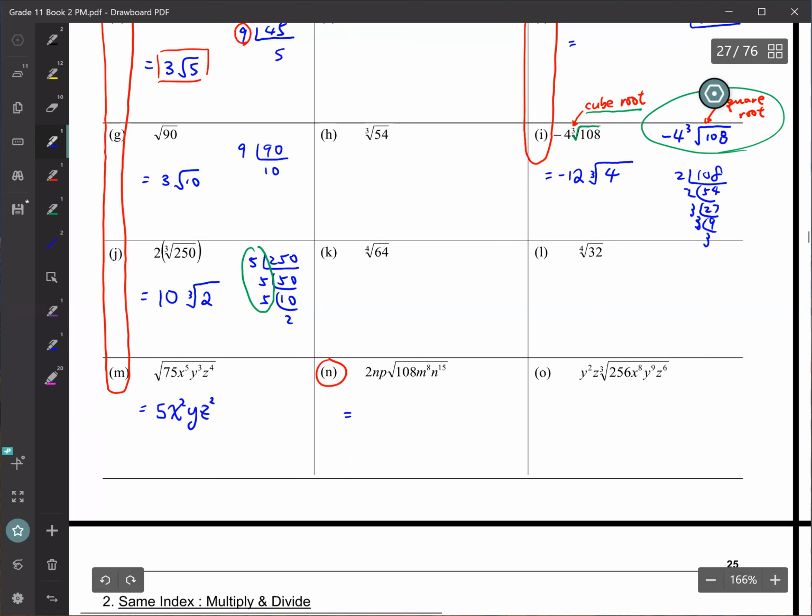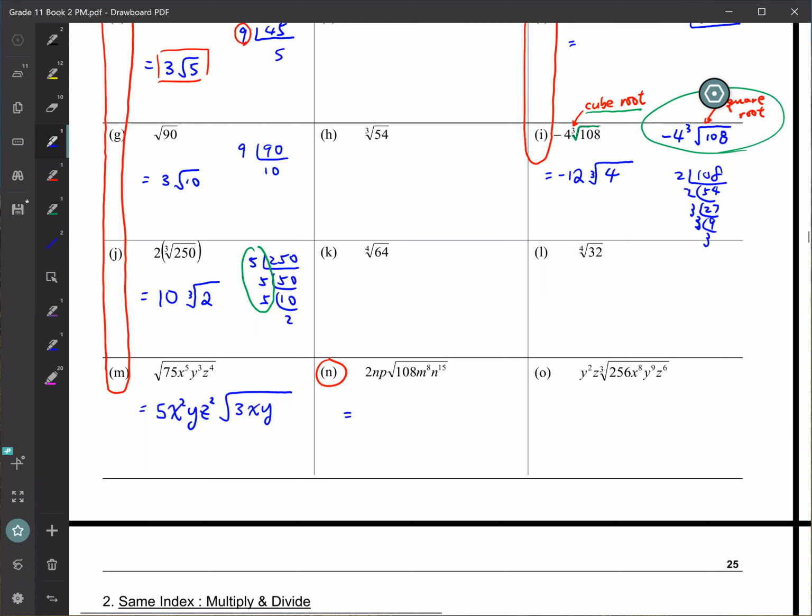Yes, very good. Okay, and the leftover, 3xy. Okay, anyone has question how we get this one? You get 2 pairs of x, 1 pair of y to go out. And the z, once you take out the 2 pairs, there's no more z inside.